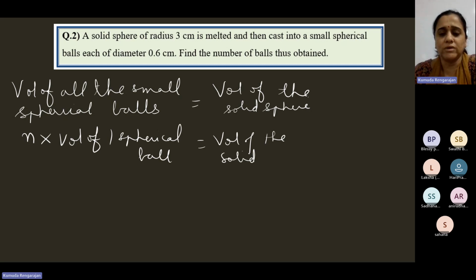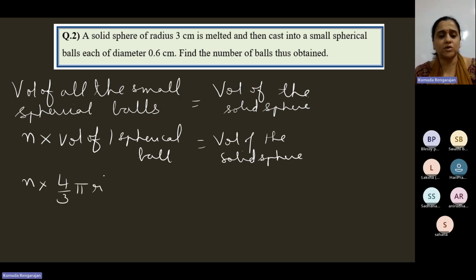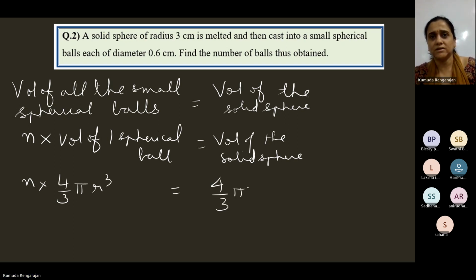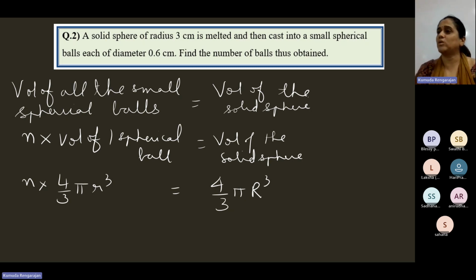Now substitute the formula. N into one sphere, what's the formula? 4 by 3 pi r cube is equal to 4 by 3 pi capital R cube, or R1, whatever. Don't think we are writing the same formula on both the sides, so cancel the formula.